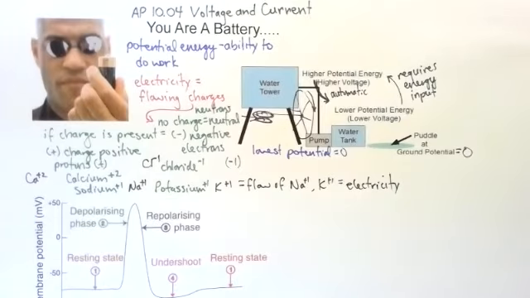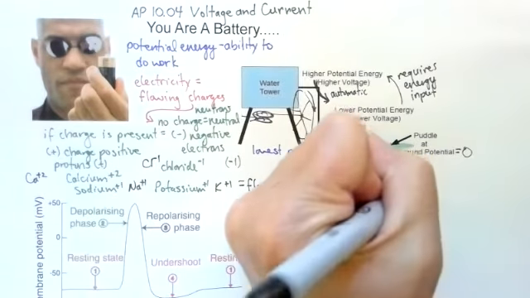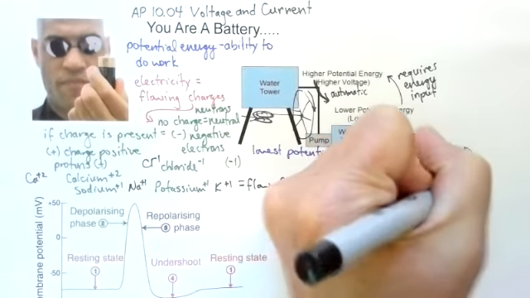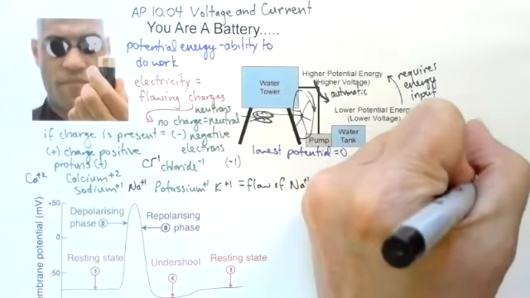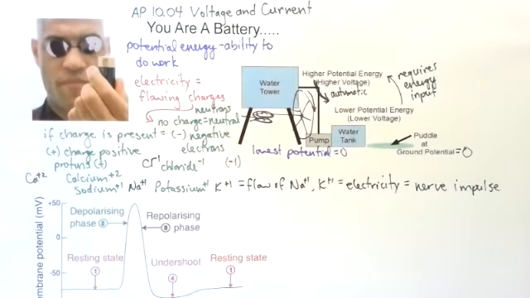Every nerve in your body has flowing sodium and potassium. Every nerve impulse that is conducted from your brain out to your hands, as I'm writing this, my brain is continually sending impulses out to my hand. It's sending feedback back to my brain. How's that happening? We have flowing charges, sodium and potassium.